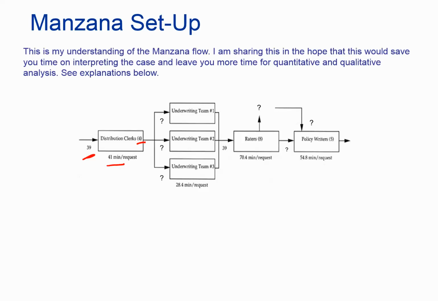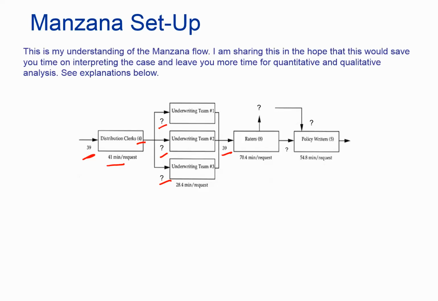I'll leave it to you to look at the data given in the case and determine exactly what the arrival rates at each of these three stations are. They will add up to 39, but what's the fraction at each region? Once the units go through station number 2, the underwriting team, they get combined again, and we are back to our 39 per day arrival rate.